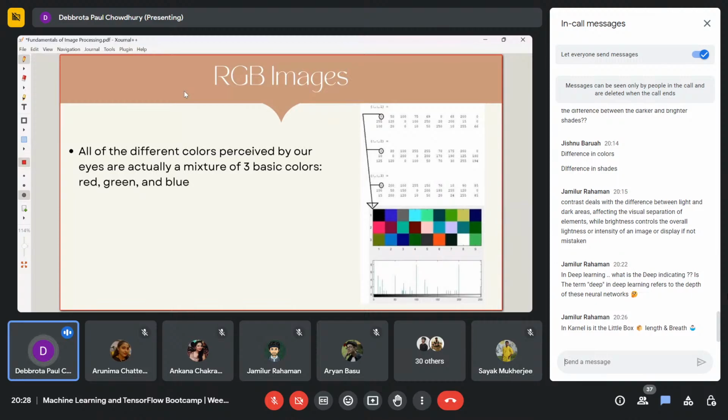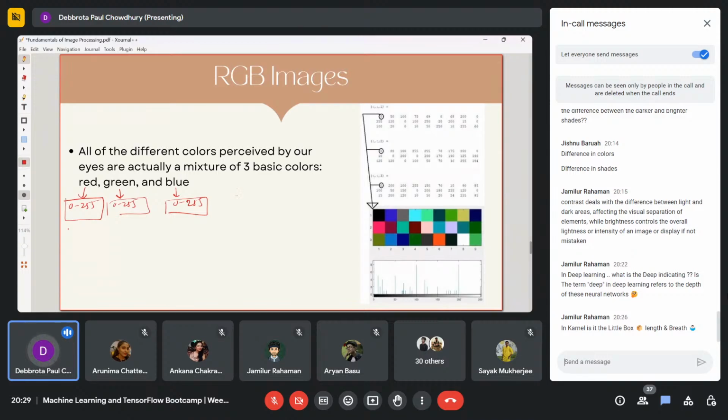All these red, green, and blue have intensity values from 0 to 255. This one also 0 to 255, this one also 0 to 255. Okay. So we call these channels: red channel, blue channel, green channel. In image processing, we call these red, green, and blue colors the red, green, and blue channels, three channels.